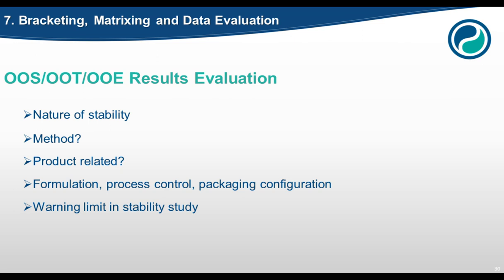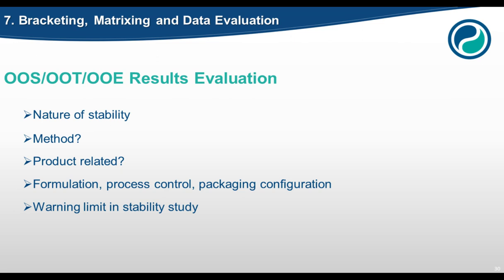Some might be simply method related, particularly in the early drug product development stage, when the drug product methods are not thoroughly studied. For example, different degradation products may co-elute or elute closely to each other, and the impurity will be calculated as one unknown and cause the OOS results.